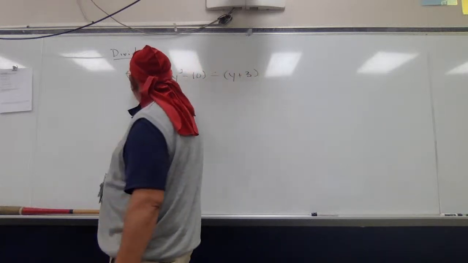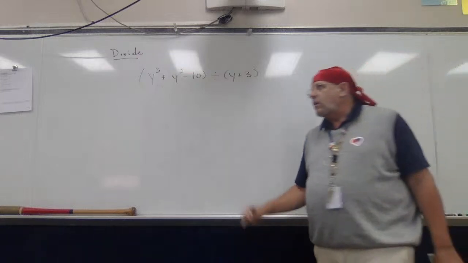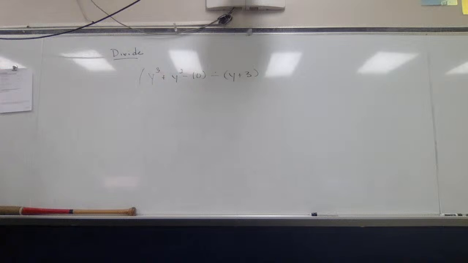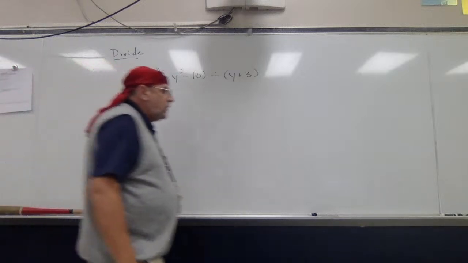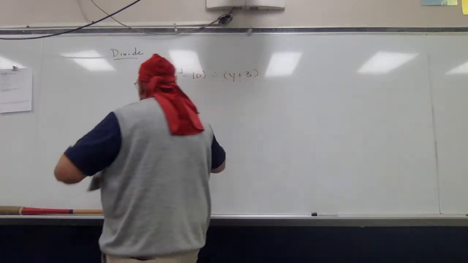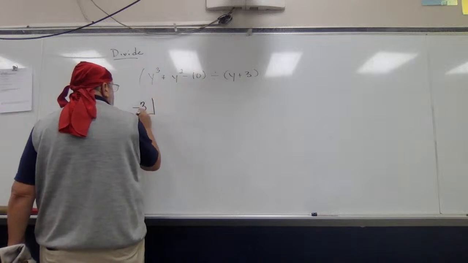This is a fun one, right? Synthetic division. What goes in the box? The zero of y plus 3. Negative 3. You're good. Negative 3 in the box. The root goes in the box.